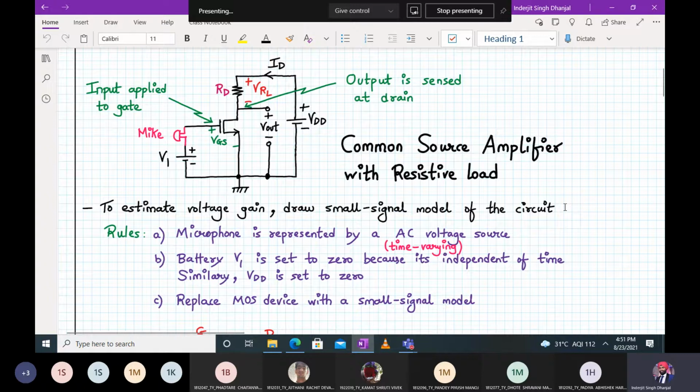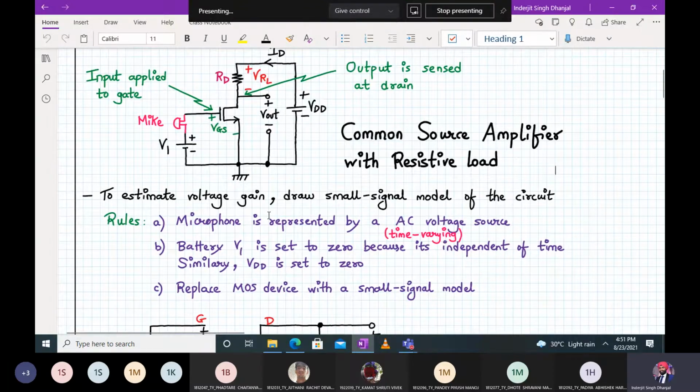Fine. And we have seen what a small signal model is. It's an attempt to linearize a non-linear MOSFET, because we are just replacing the MOSFET by its small signal model. There are certain rules in drawing, and I'm revising them here. The microphone signal is represented by a time varying AC voltage source.